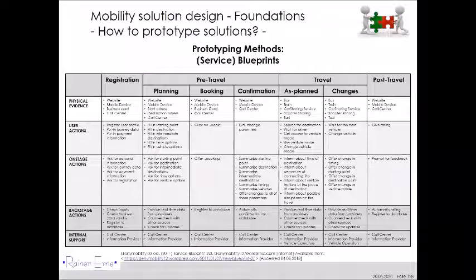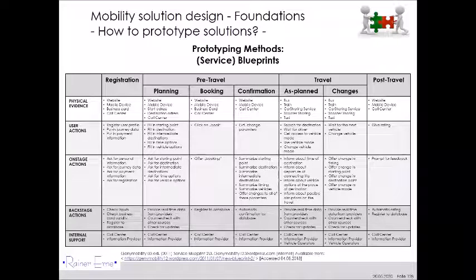first physical evidences, so what are the instruments or the tools with which a customer usually encounters the service. Then we have some user actions which go together with the physical evidence, which all together make up the on-stage actions, and then you have some backstage actions and also internal support.